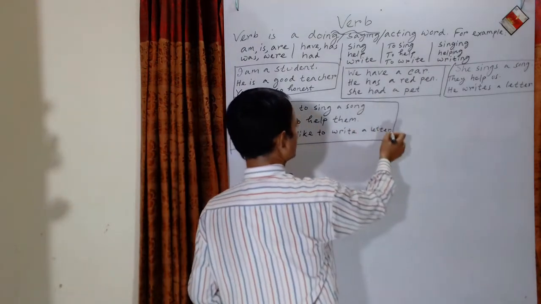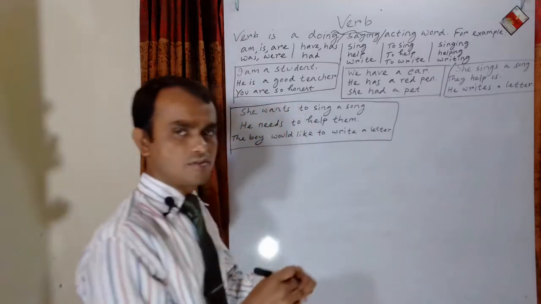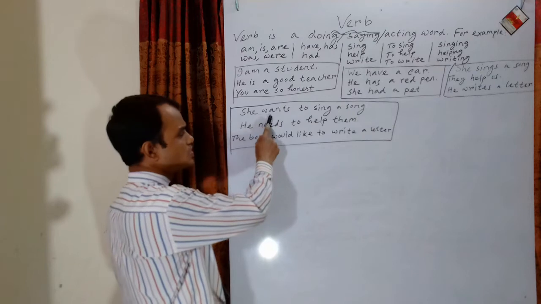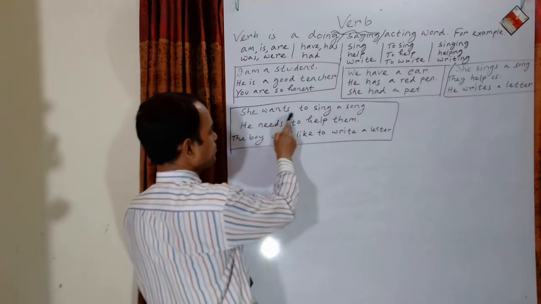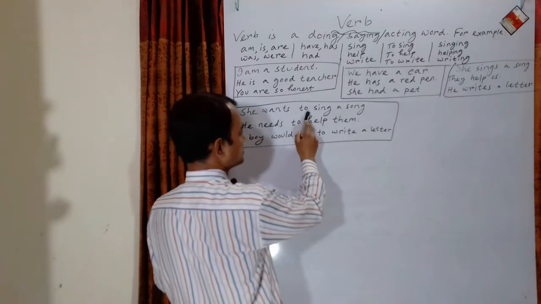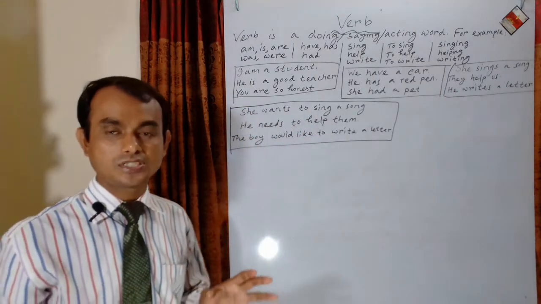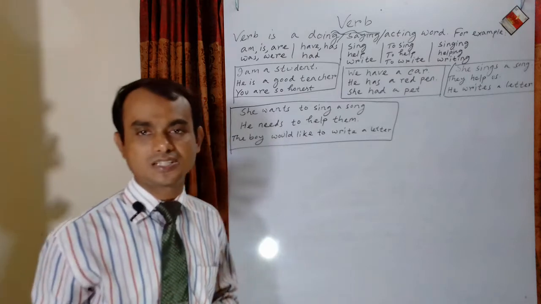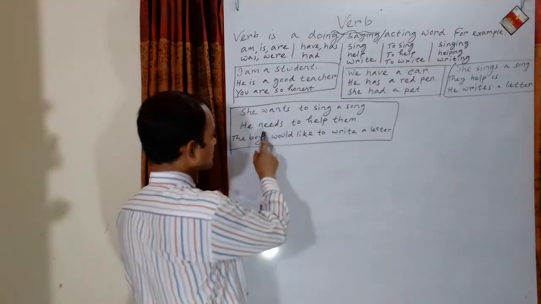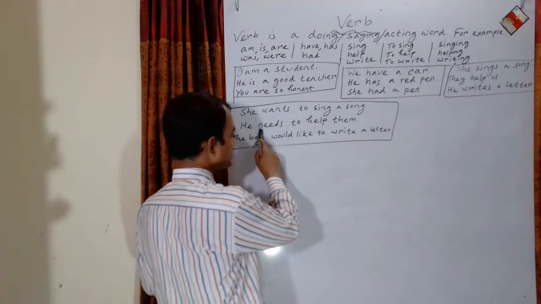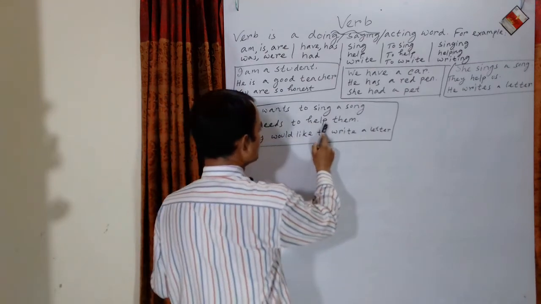Dear students, from the first sentence, she wants to sing a song. From the first sentence, we find 2 verbs here. One is want, another is to sing. There are 2 verbs here because these 2 verbs are saying something in the sentence. The next sentence, we have also found 2 verbs. The one is need, another is to help.